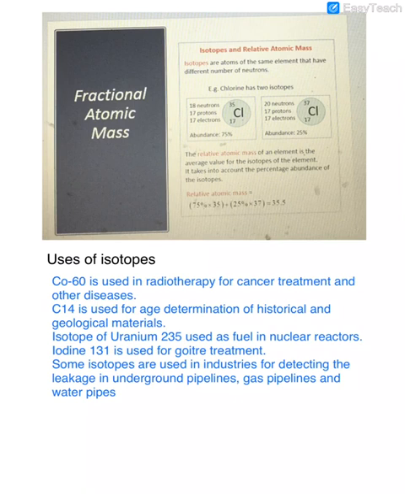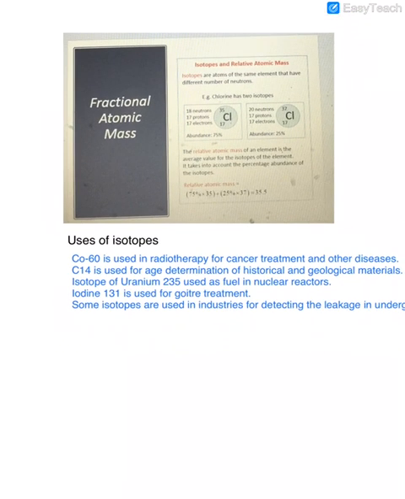Now fractional atomic masses, this also we had discussed in the previous video. Fractional atomic masses, isotopes having, like chlorine. Chlorine's atomic mass is 35.5.